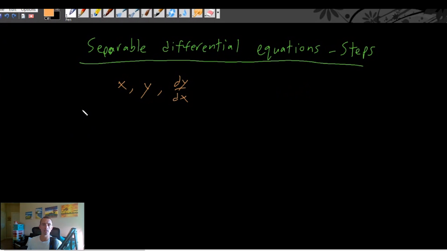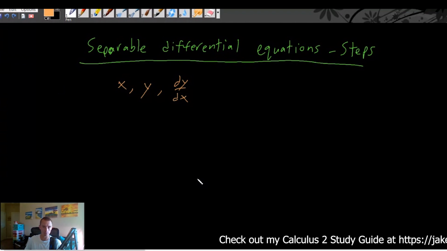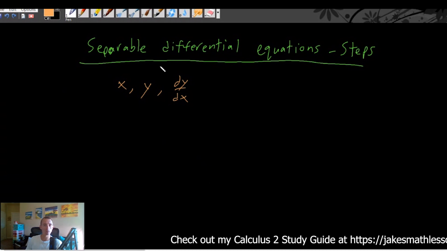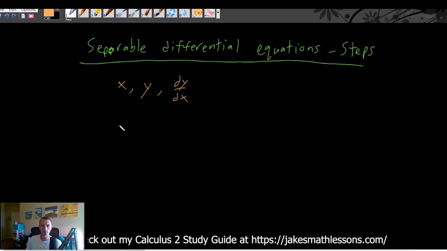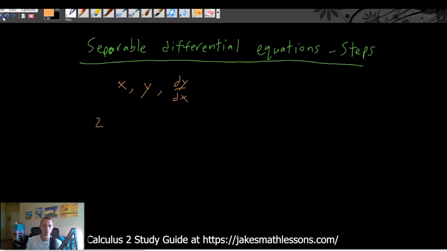So what makes a differential equation a separable differential equation? Well, it's pretty simple. Basically, it needs to be in one of two forms, either as it's given, or you need to be able to algebraically manipulate your differential equation to get it into one of these two forms. So let's say that we are dealing with a differential equation using x, y, and dy/dx. There's two forms that we could have our differential equation be.